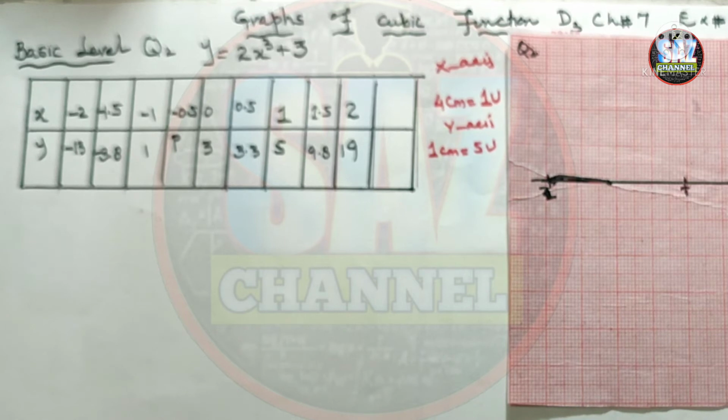Then we have to join the points to get a smooth curve. And from the graph, we have to find the value of y when x is minus 1.2 and the value of x when y is 14.